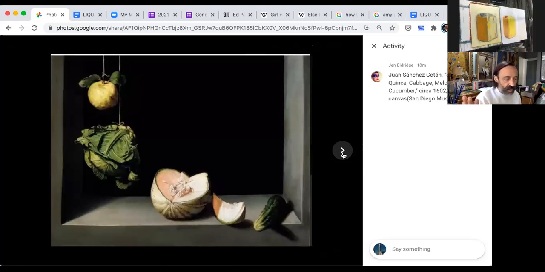There was a trend at the time where still lifes were placed in recessed parts of the walls. So this is a good example of that, almost as a trompe l'oeil, a way of bringing this illusion of space inside of the wall and then objects on it.